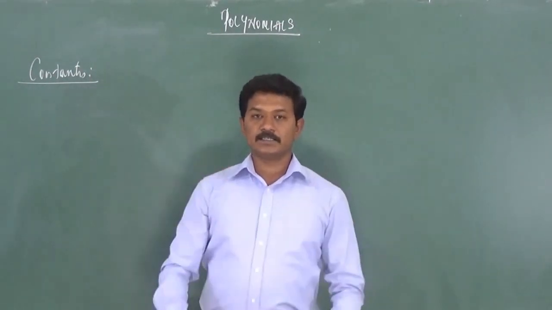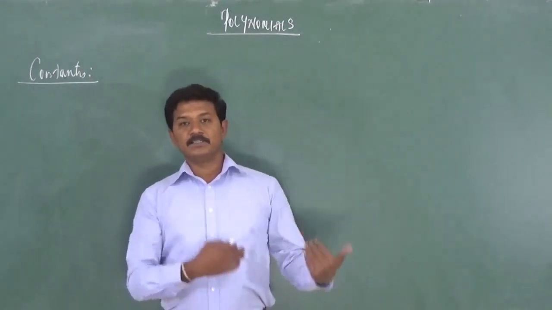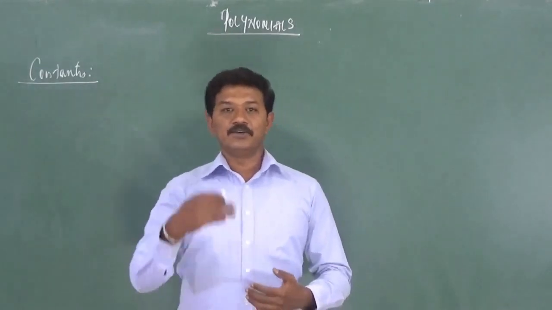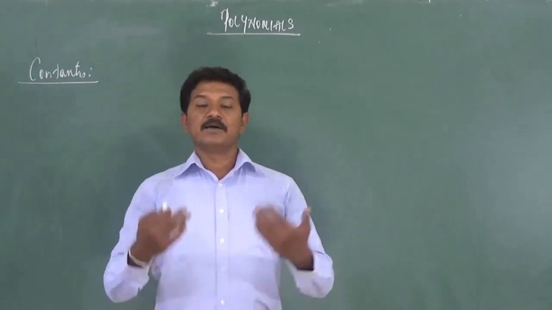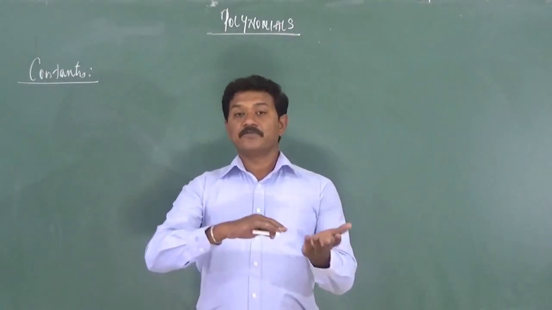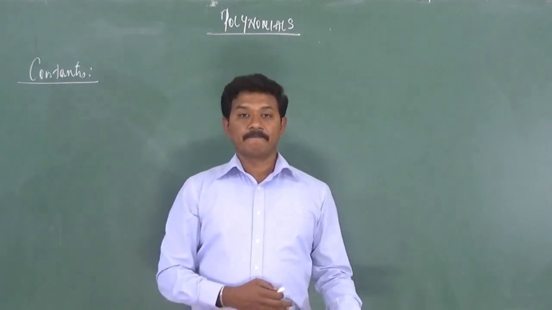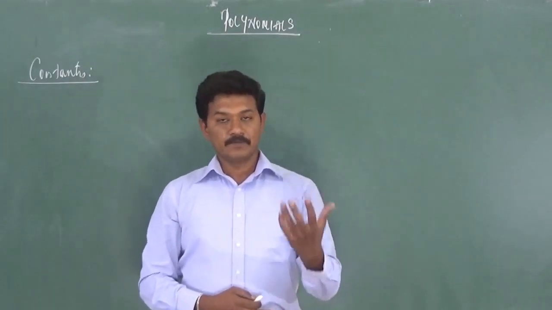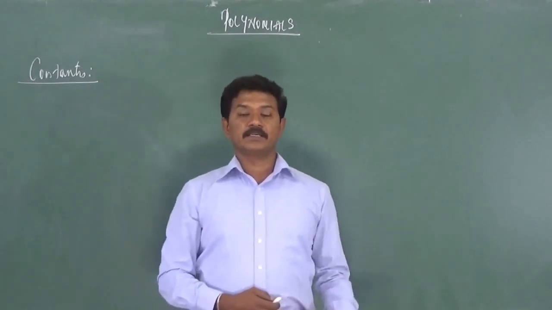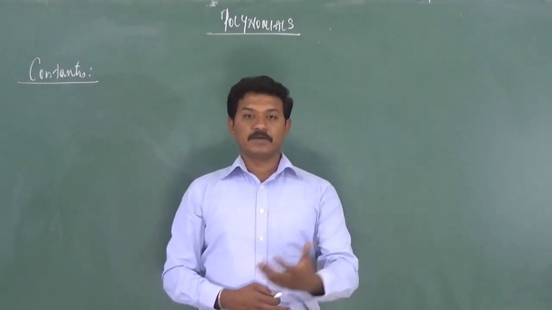My height is not constant, my age is not constant. But which is fixed, that's called a constant. For example, when we come to numbers, we have 3, 4, 6, 7, 8, 3 by 2, 7 by 6.